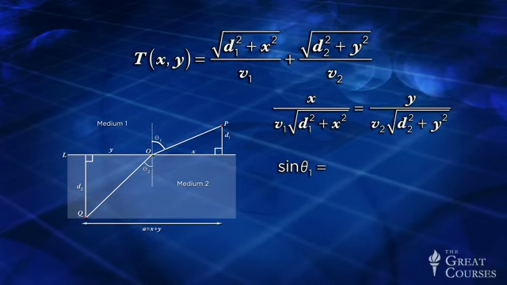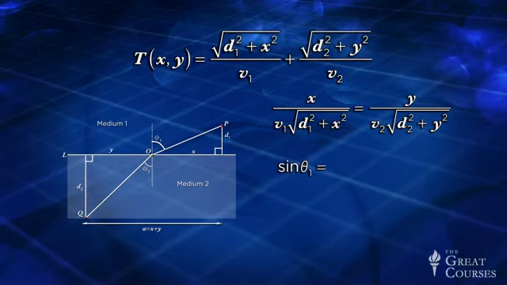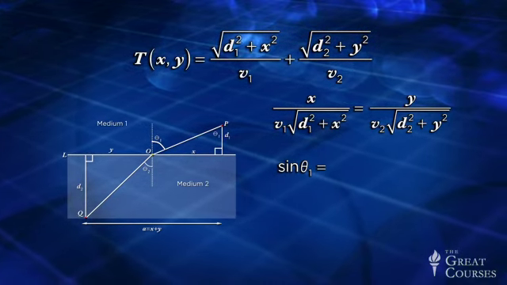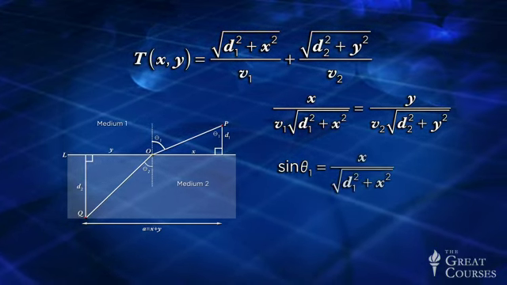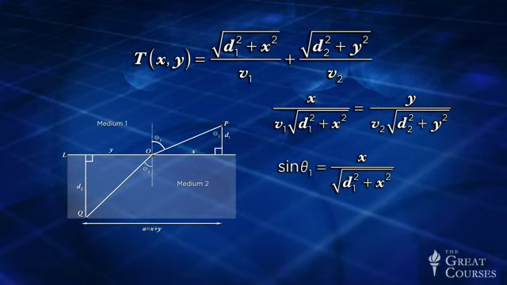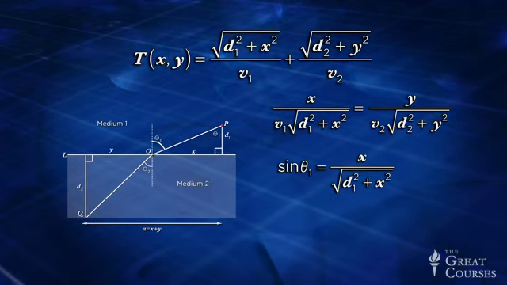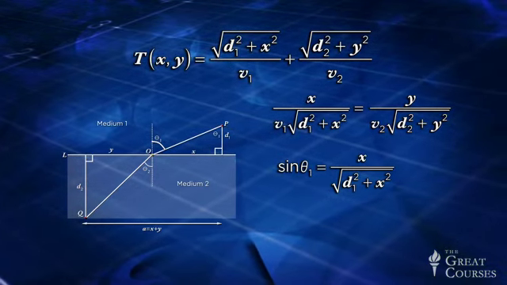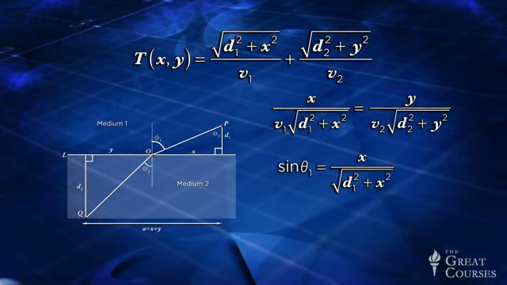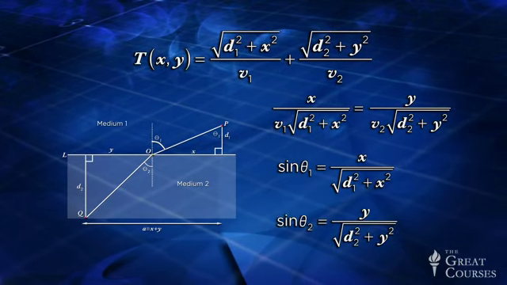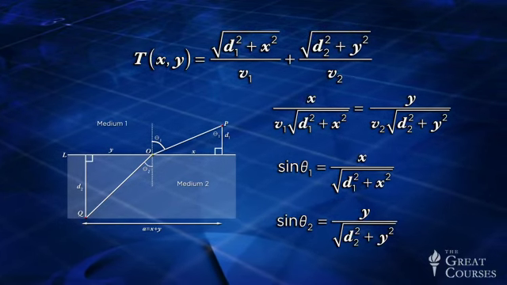Theta 1 is the angle made with that vertical through O, but it's also the same as the angle over at P, in that triangle. The sine of the angle at P is opposite over hypotenuse, so it's x over the distance from P to O. So sine theta 1 is x over the square root of d1 squared plus x squared. In a similar fashion, sine of theta 2 is y over the square root of d2 squared plus y squared.